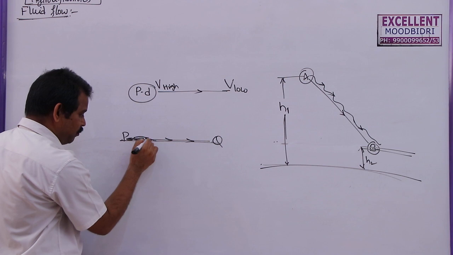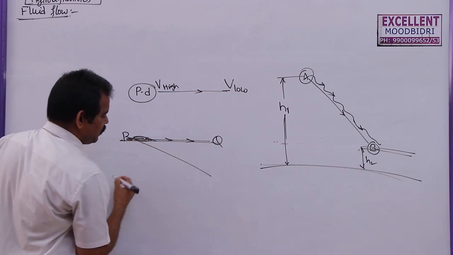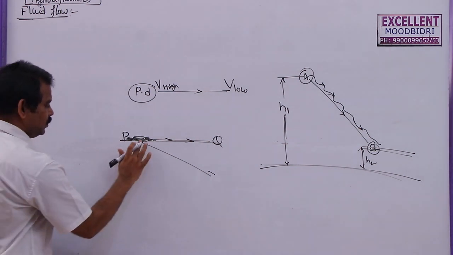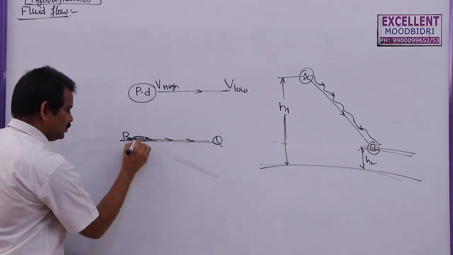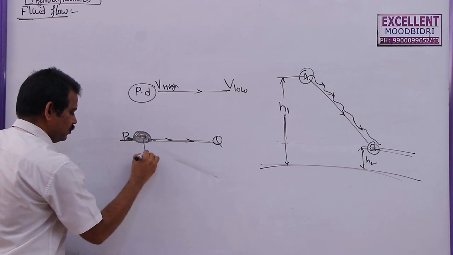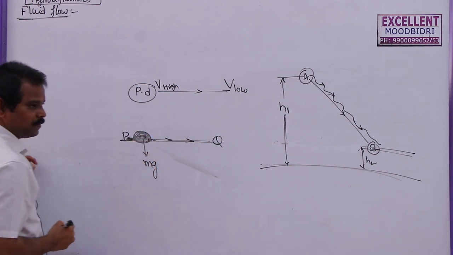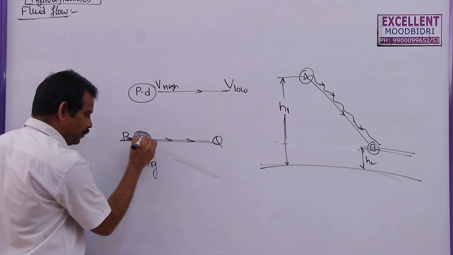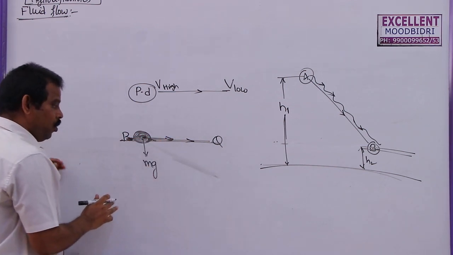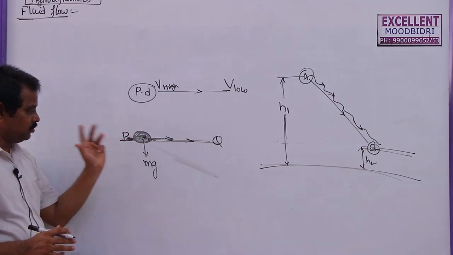But if the same amount of water is kept on an inclined plane, then the entire water will flow from top to bottom. Let us say this is a water drop whose weight is mg. What are the forces acting on this water drop?